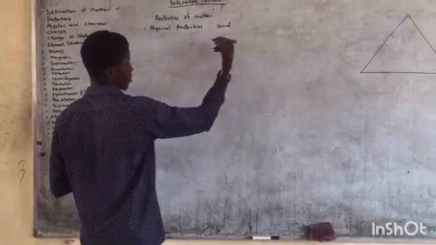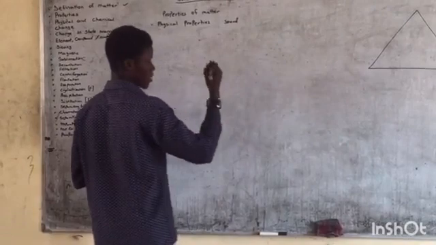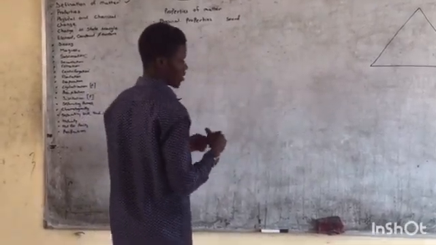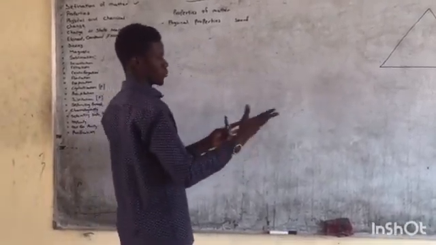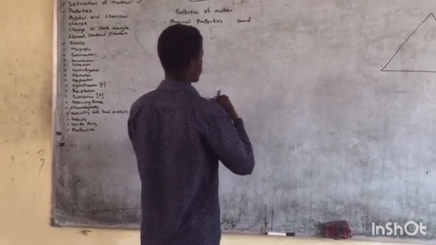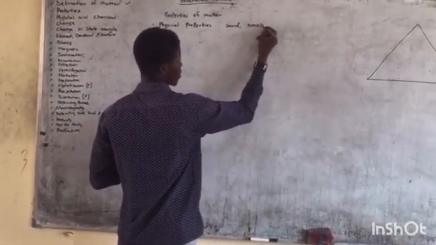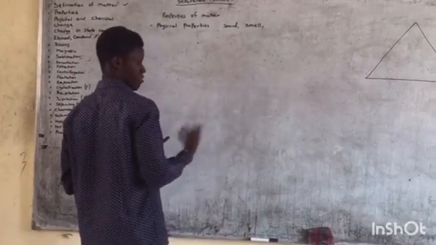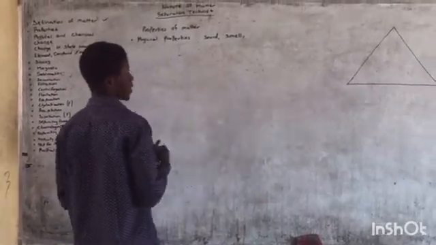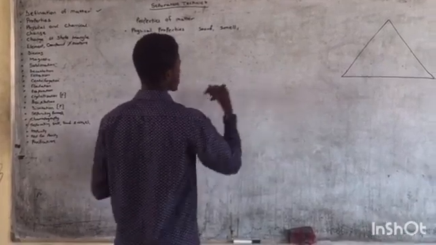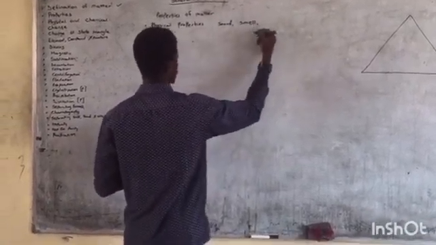If you hear a voice, or something cracking or reacting, these are all physical properties. So the sound, the smell or odor, and the taste, like sweet or bad taste, are all physical properties.